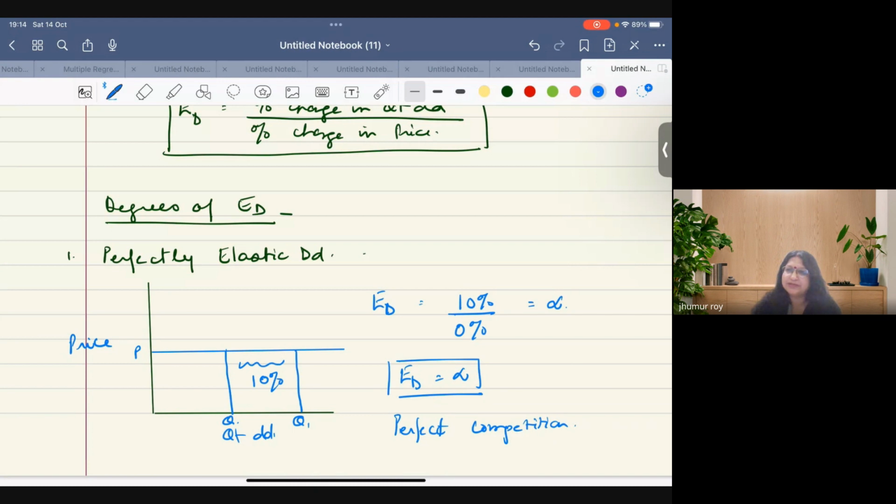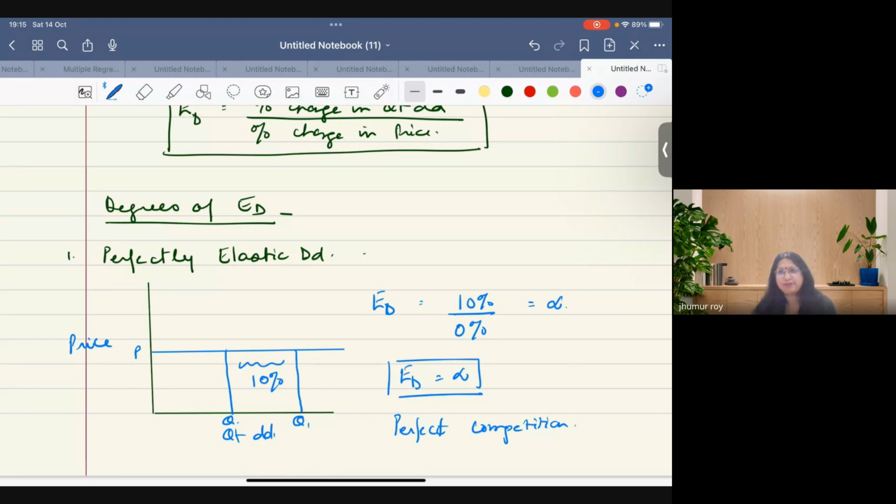So what happens here is, if one person drops the price by a very small amount, everybody will run to him and buy that fish. If anybody raises the price, nobody will go to him. Everybody will want to buy at that one price which is there in the market. That is a very important thing about a perfectly elastic market. You can also take the market for onions. In the market for onions also, the prices don't actually matter that much.